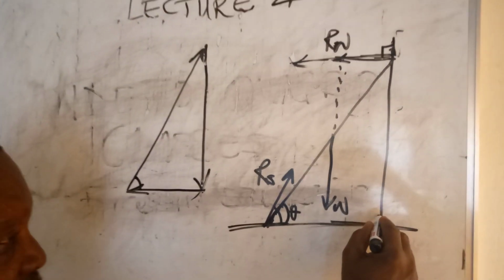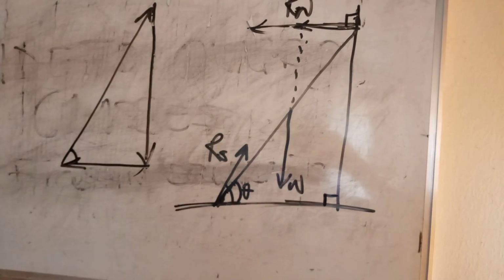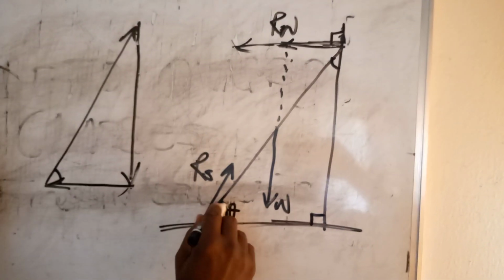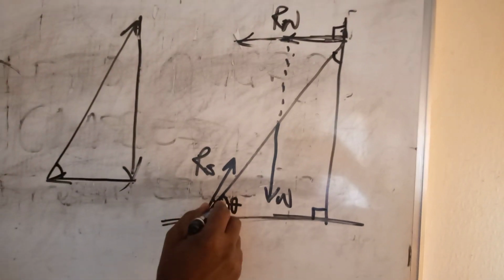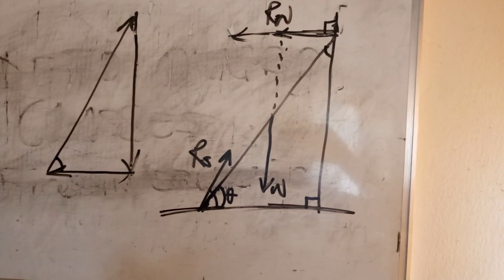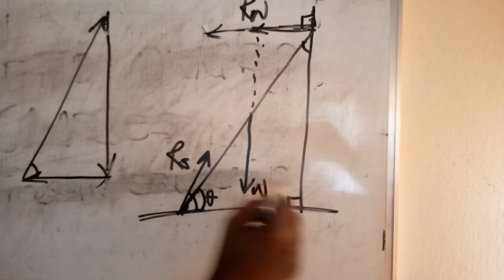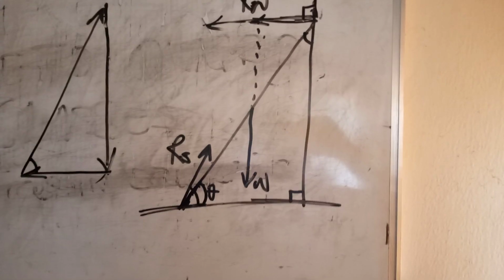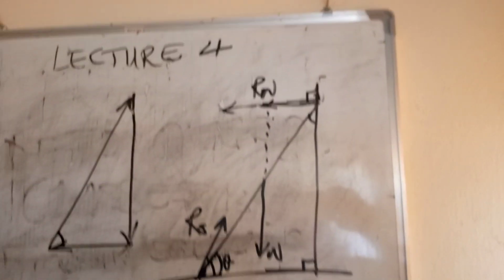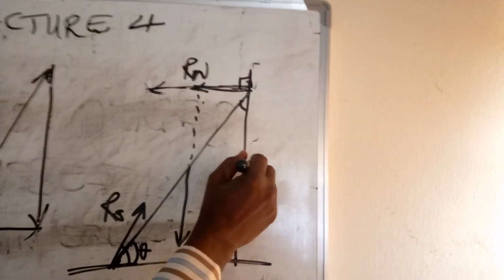Either one, because we know that by the nature of wall and ground this angle is 90 degrees. If we know the angle the ladder makes with the ground, automatically we can know this height. Because if we know this angle, any of the trigonometrical ratios, like the cosine, since we know the length of the ladder, will give us this length.